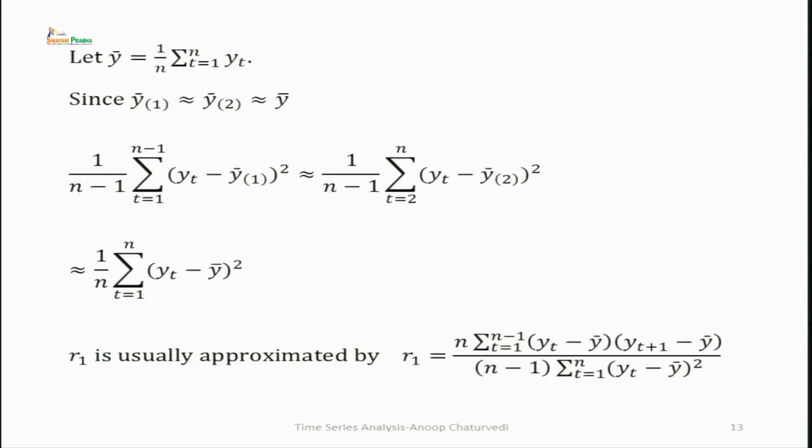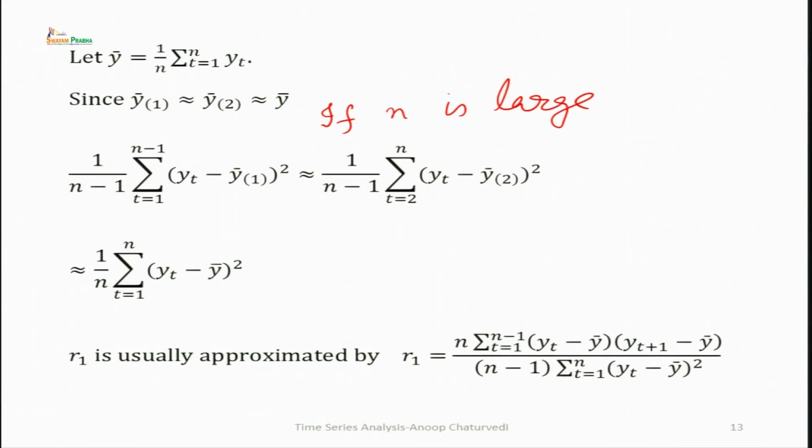So, there is not much difference between the means, and at least when n is large, you will not find much difference between y1 bar, y2 bar and y bar. So, if n is large, then you can approximately say that y1 bar is approximately equal to y2 bar, which is approximately equal to y bar.